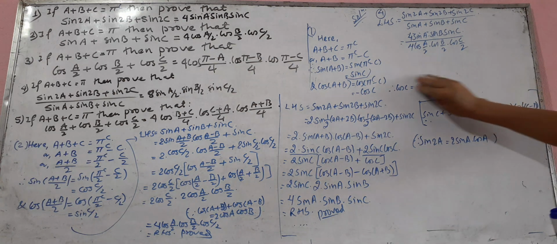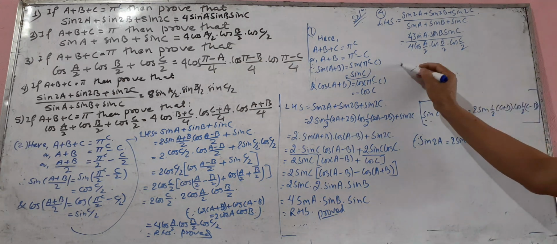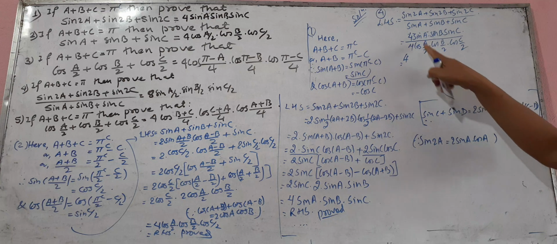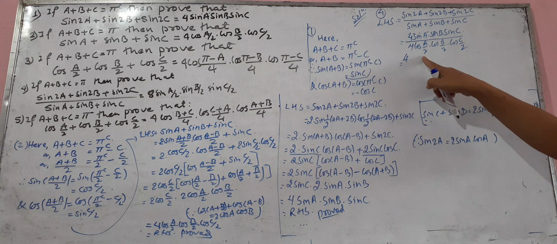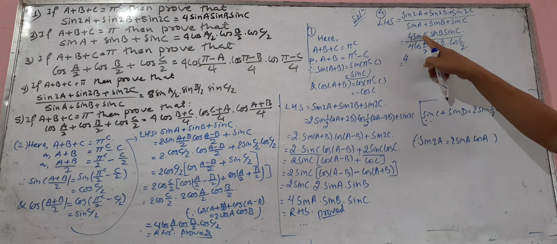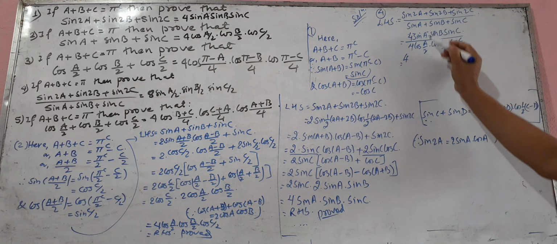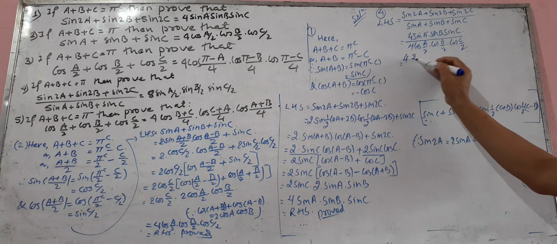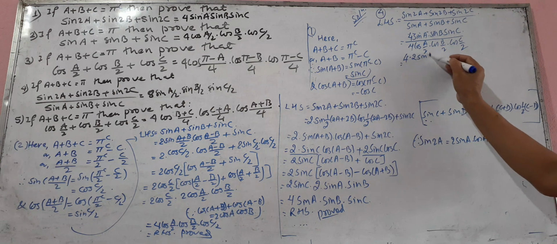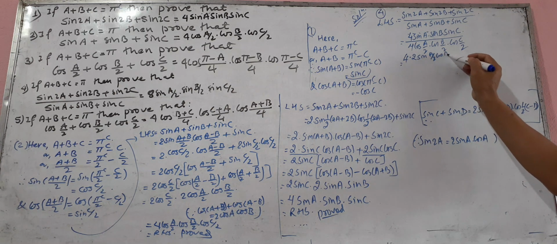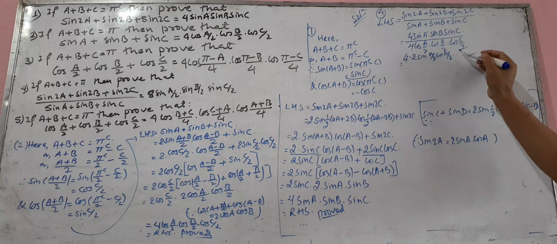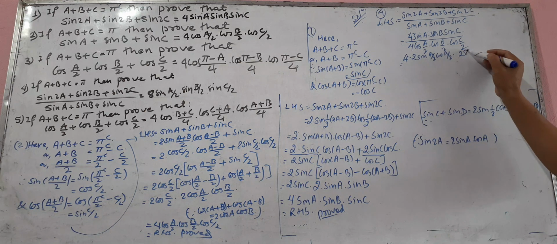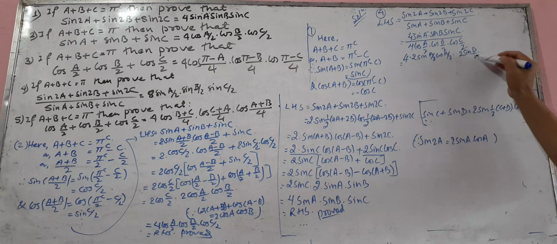Okay. So now listen, we have a submultiple form in the denominator and the normal form in the numerator. So we change that sin A into the submultiple form: 2 sin A by 2 cos A by 2. And similarly for sin B, 2 sin B by 2 cos B by 2.